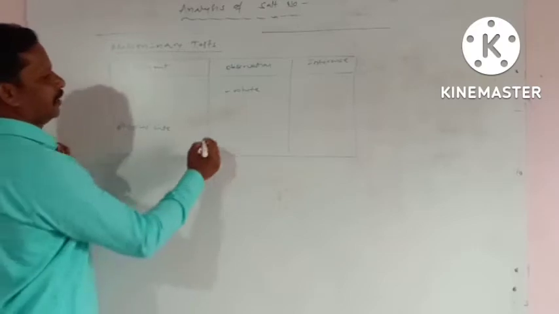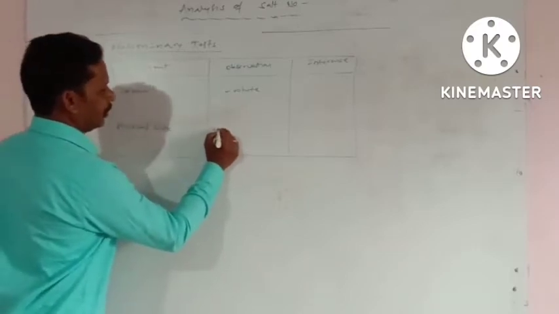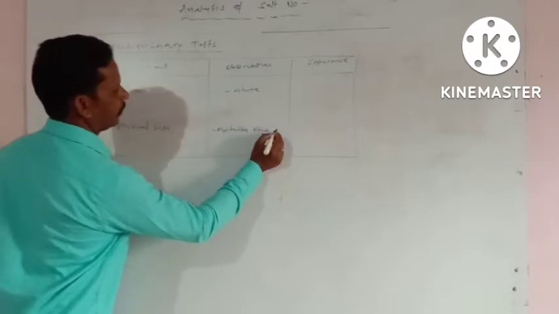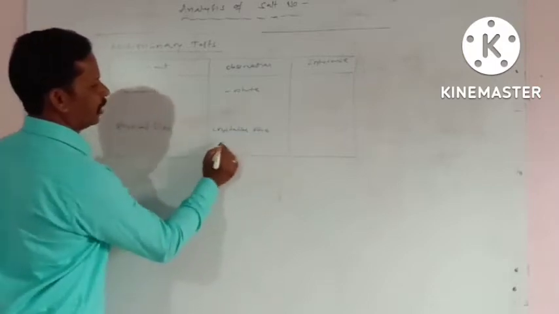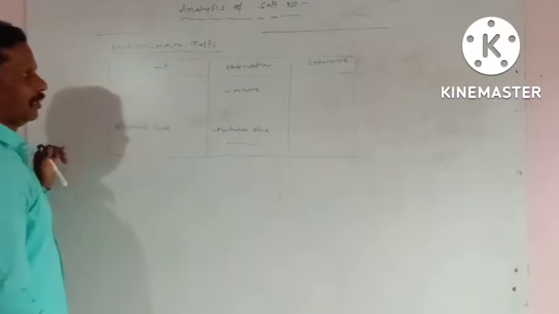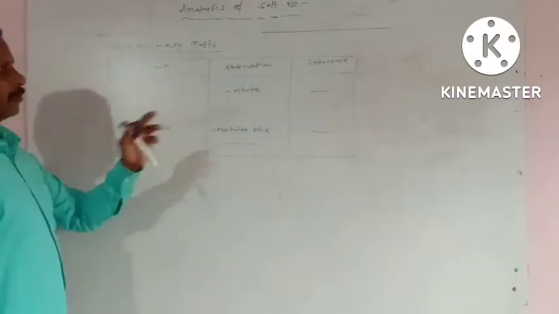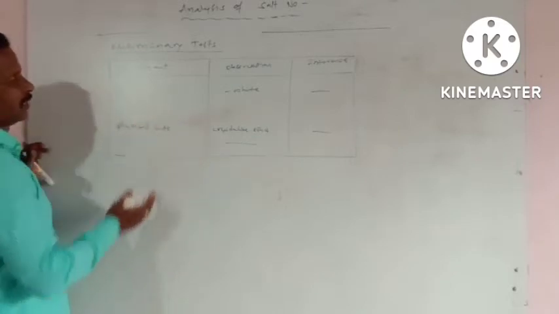The physical state may be crystalline solid or amorphous solid, whatever it may be. Next, the inference: whatever is in the scorer book, you will write like that. Then close the table.